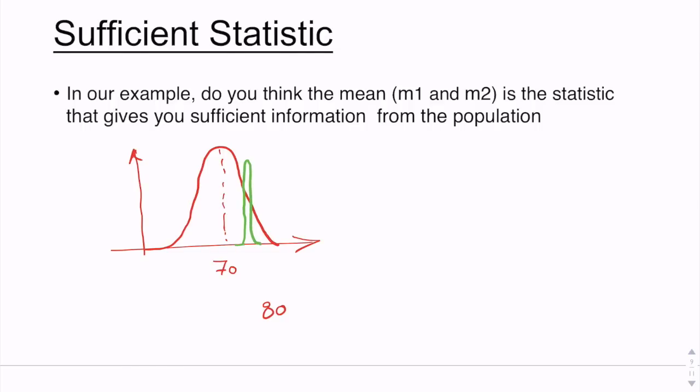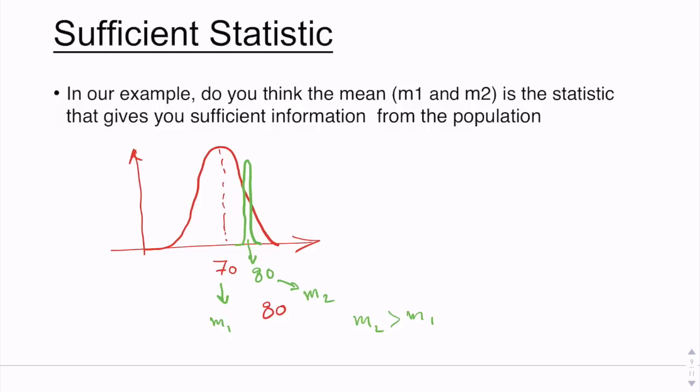so this is 80. Then we definitely know that if we call this one M1 and this one M2, M2 is greater than M1. But that doesn't mean that there are no students in class 1 whose grade is greater than all students in class 2.